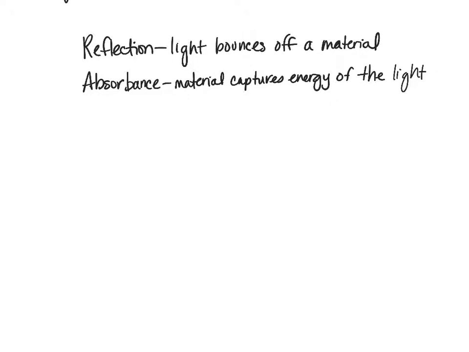We can think of something absorbing heat, for example. In that same way, we can think of it as absorbing the energy of light. Some things absorb certain wavelengths or energy of light, and other things absorb other wavelengths, just like the red cloth versus the blue. The blue cloth is going to absorb everything but blue energies of light, and the red cloth would be absorbing everything but the red energies of light.